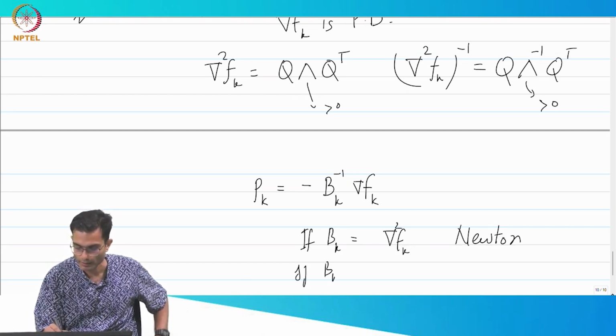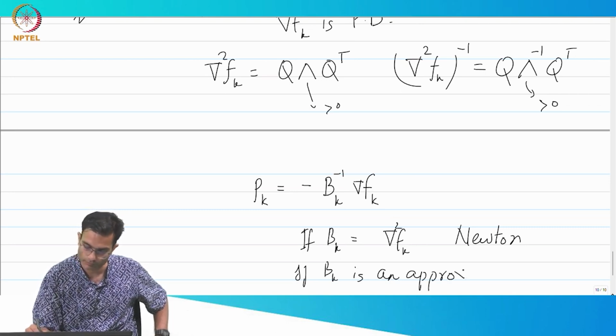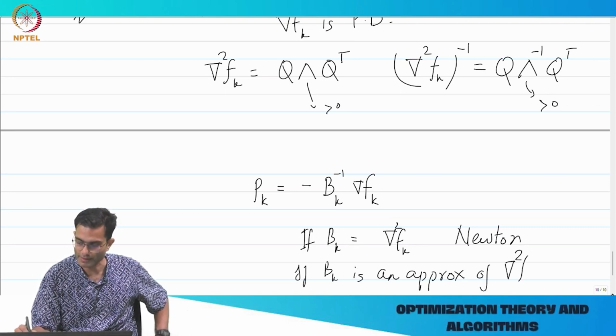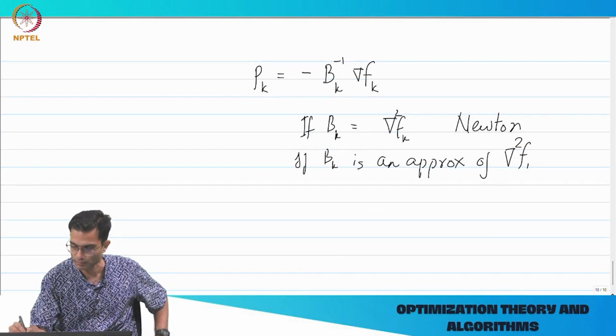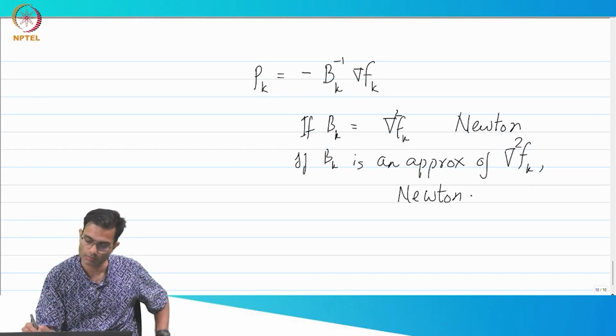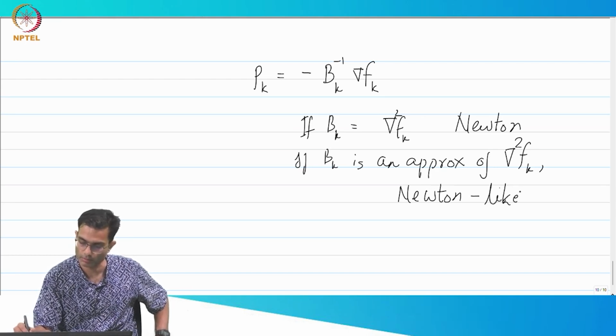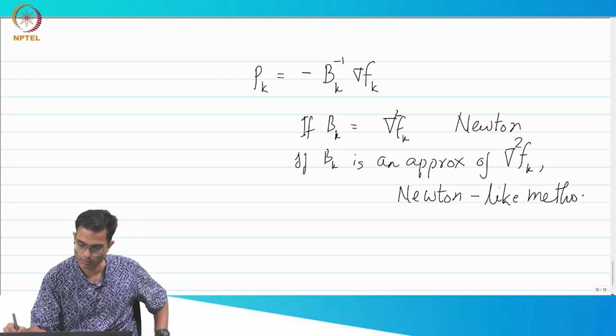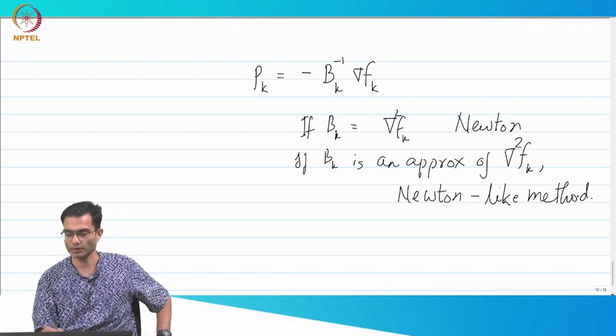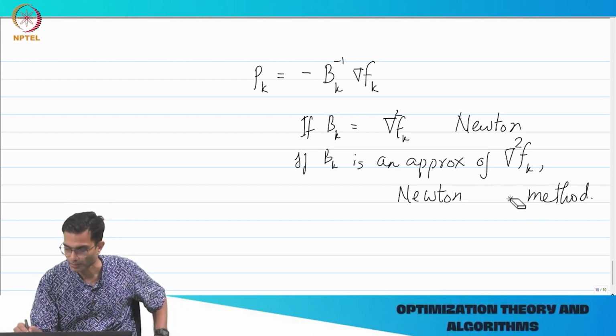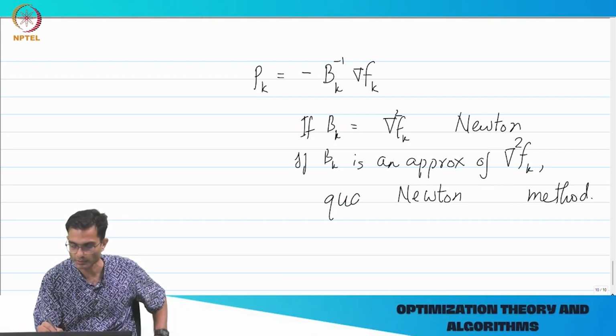If bk is an approximation of the Hessian, it is called a Newton-like method, or the more precise word would be quasi-Newton.